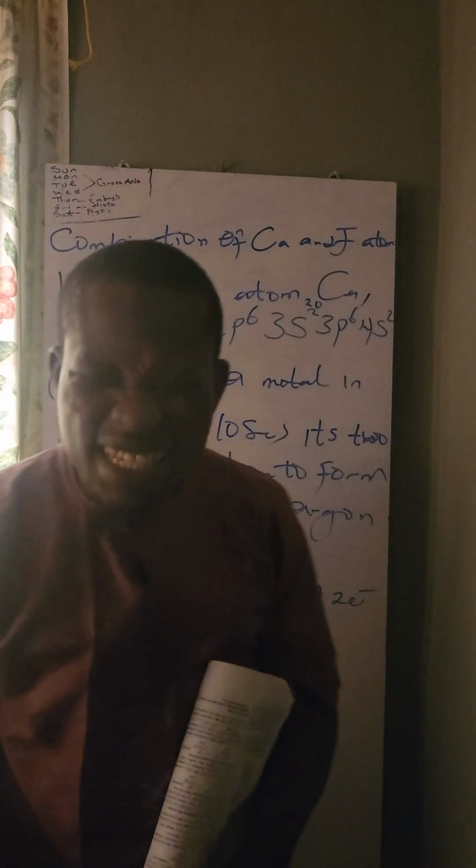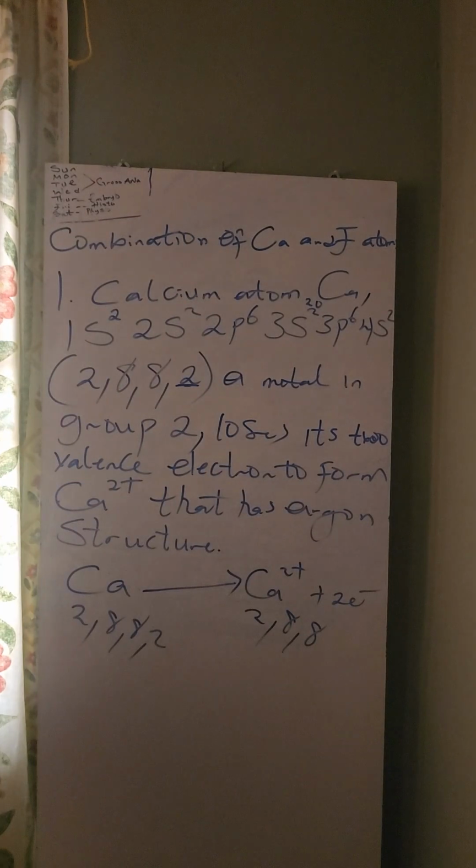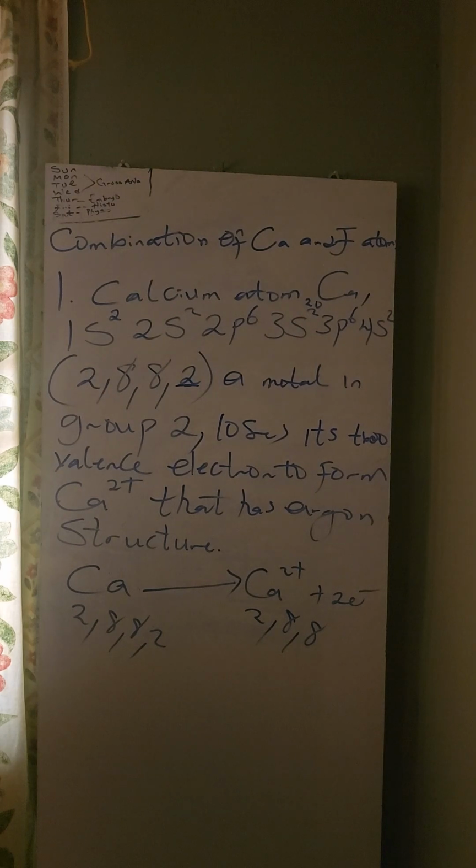That's the first phase of electrovalent bonding. This is going to obtain an octet configuration. You can see it has 2,8,8. The last number of electrons here is what? It is 8. So it is obtaining an octet configuration.